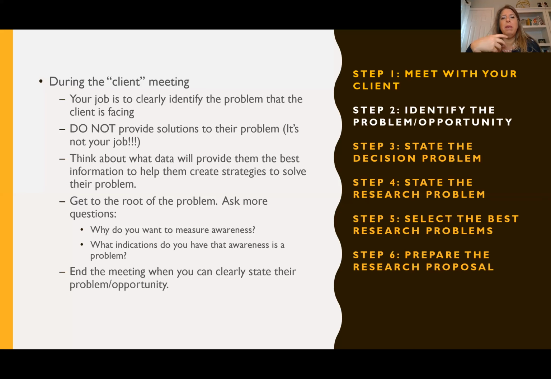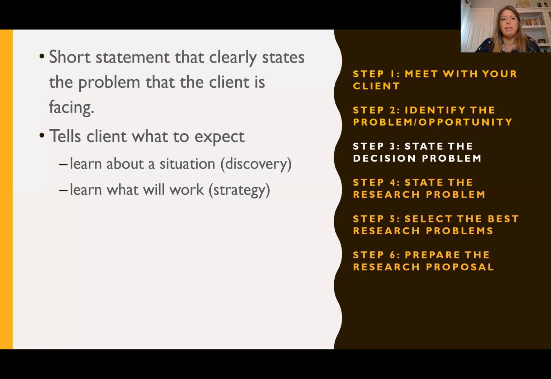You end the meeting when you can clearly state what their problem is. So at the end of the meeting, you want to clearly articulate, so Mrs. Smith, my understanding of our issue is that you're concerned about sales declining and you would like to figure out why this is happening. So just clearly restate that, get them to agree to it, and then you can move on in the process.